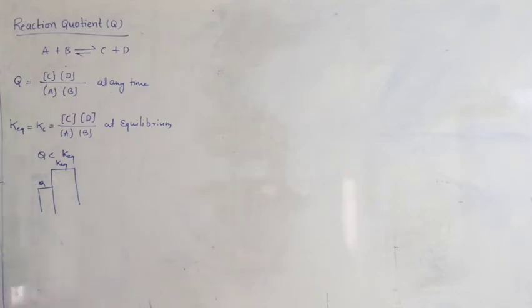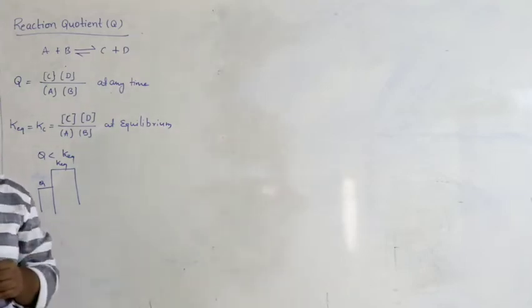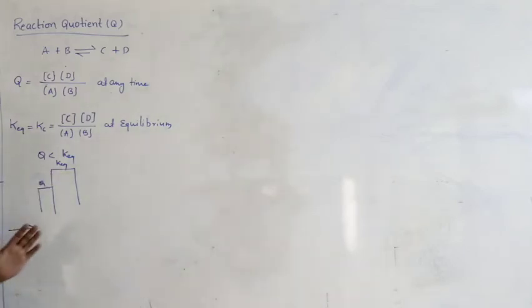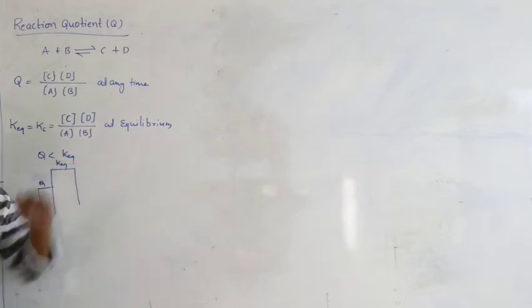So you can clearly say that Q is less than the equilibrium constant. What can I conclude? Since Q is less than K, in order to make them equal, the Q value must be increased. This is possible if the reaction moves in the forward direction. So if Q is less than K, the reaction has not attained equilibrium; it is in its initial stage. For the reaction to attain equilibrium, the reaction has to move in the forward direction.